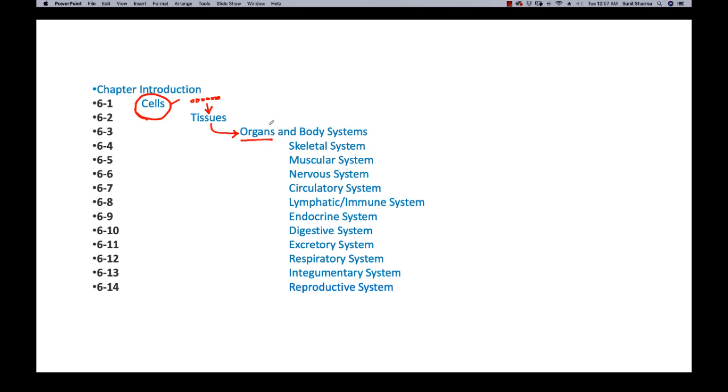Organs, in combination with other organs like the heart and blood vessels, form what we call body systems. And the 11 body systems that we will take a look at in detail, we'll look at the structure as well as the function of those.